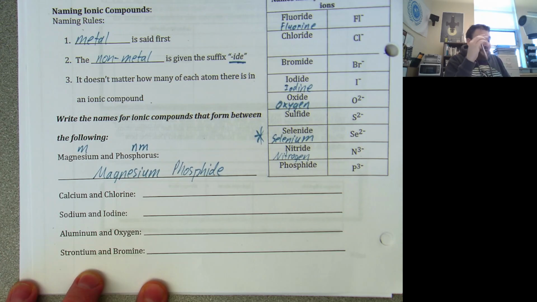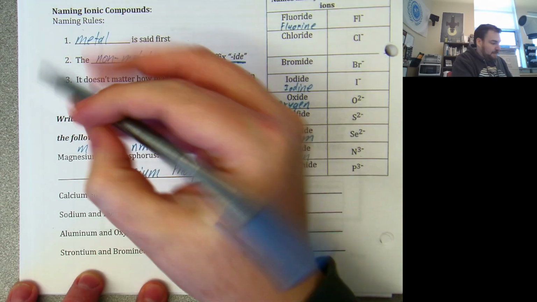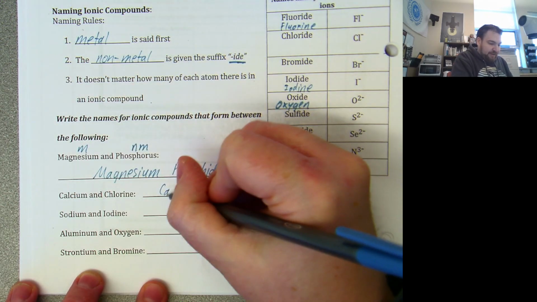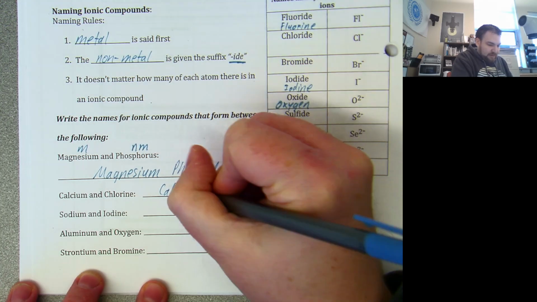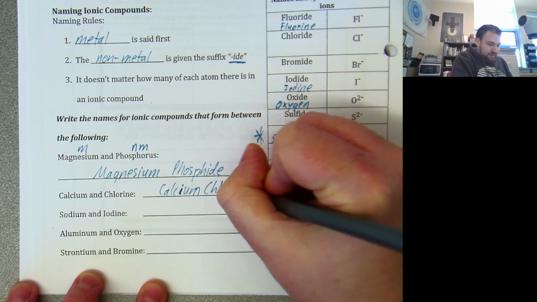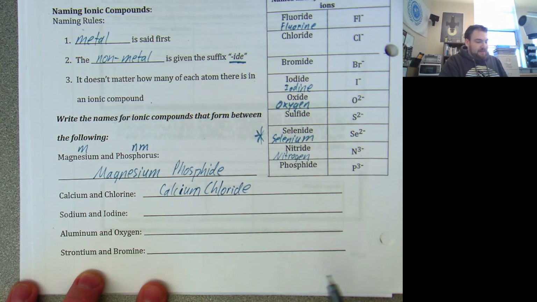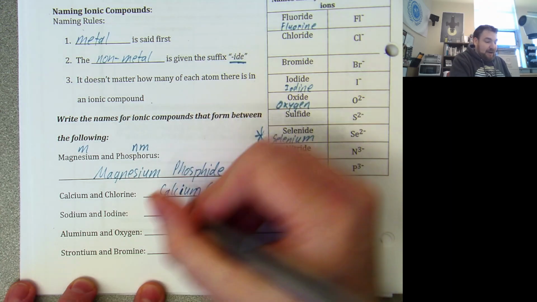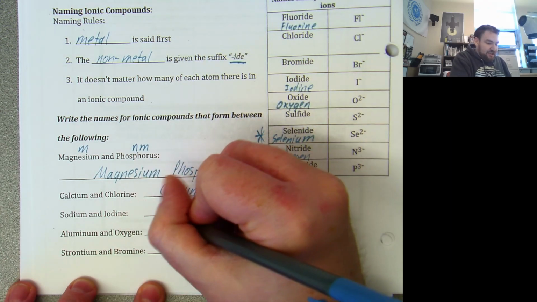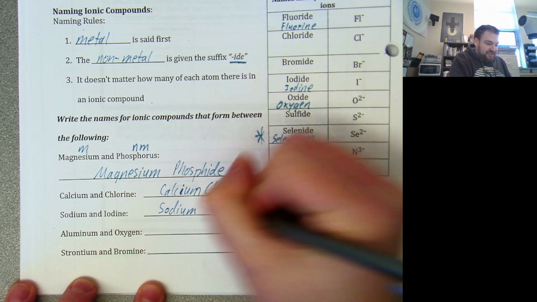So then calcium and chlorine, the metal there is calcium. So it's going to become calcium chloride. Calcium chloride. Sodium and iodine is going to become, the iodine becomes iodide. The sodium gets listed first, nothing changes there.